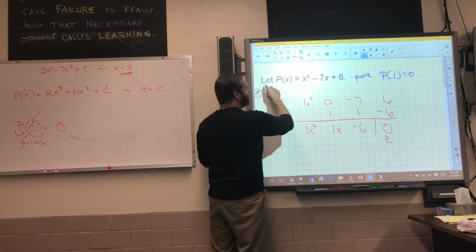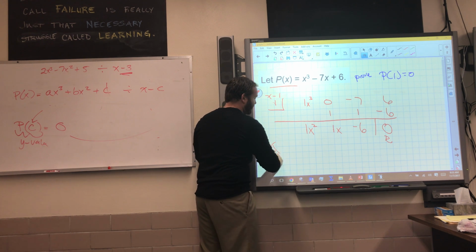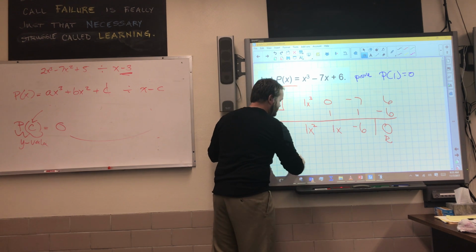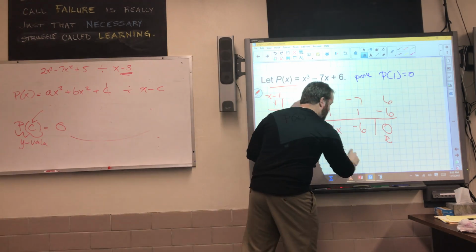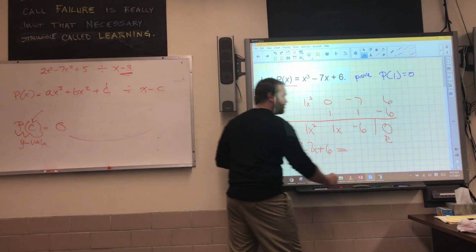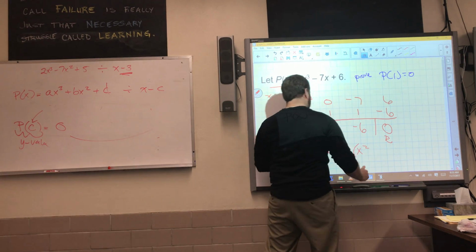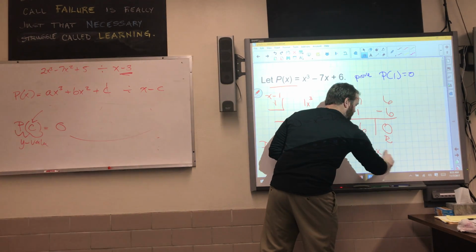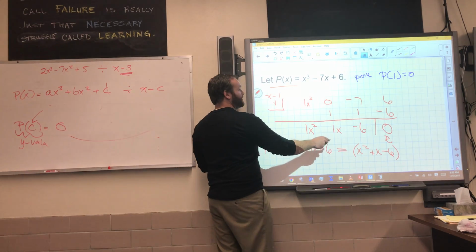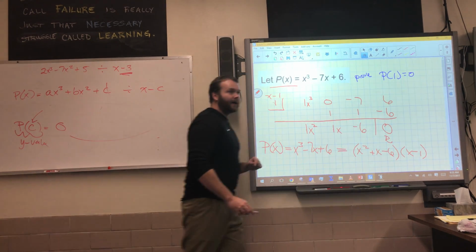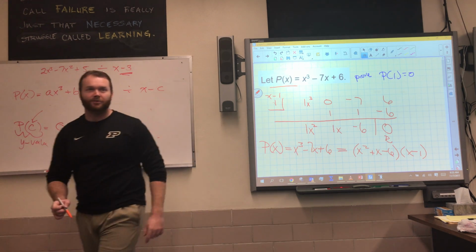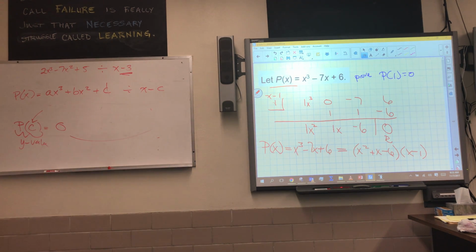So my P of x, which is equal to x cubed minus 7x plus 6, is actually equal to my quotient, of x squared plus x minus 6 times the divisor of x minus 1. Does that make sense, everybody? Have we just factored x cubed minus 7x plus 6 a little bit?